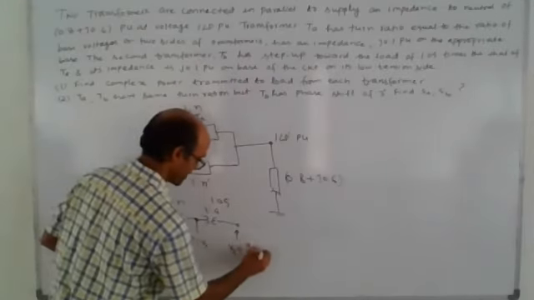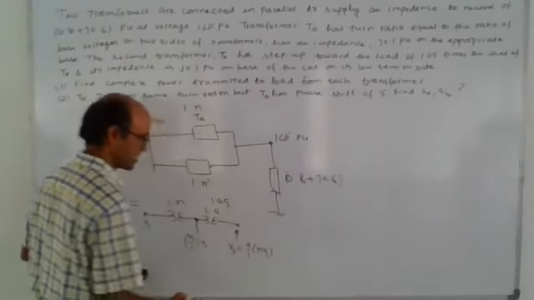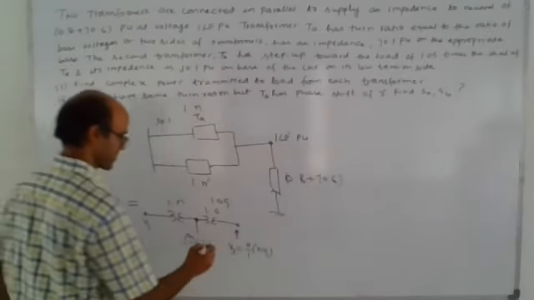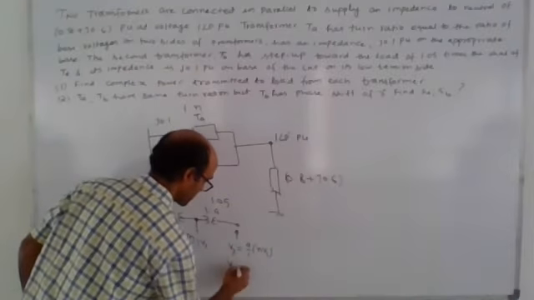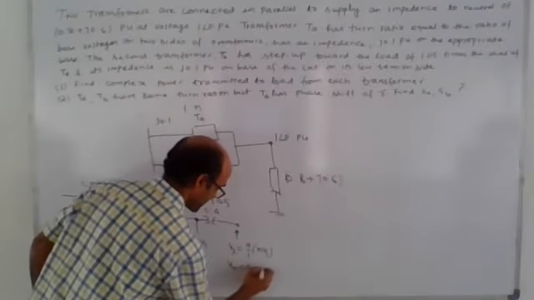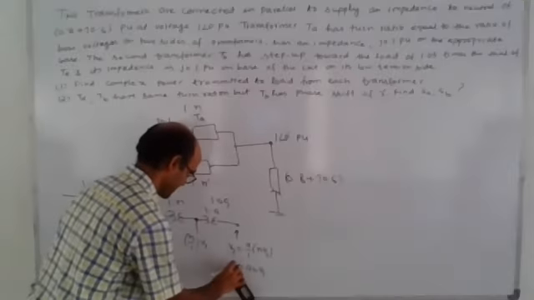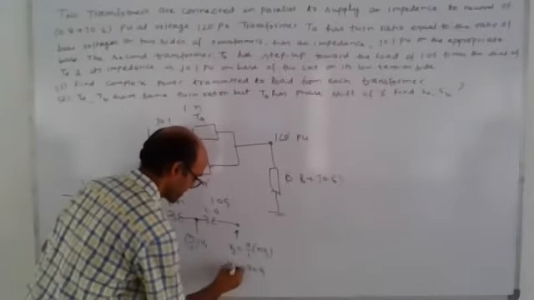This is N times V1. So V2 equals aN times V1.